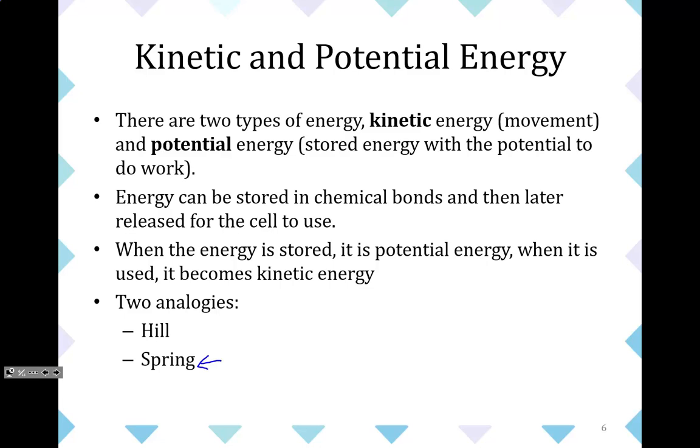So a spring can be compressed, and that compressed spring getting ready to spring open or spring longer, that compressed spring has some energy invested into it. It took energy to compress that spring, and so it stores energy. It has potential energy, and then you let it go and it springs open. That's kinetic energy. It's releasing that stored energy.